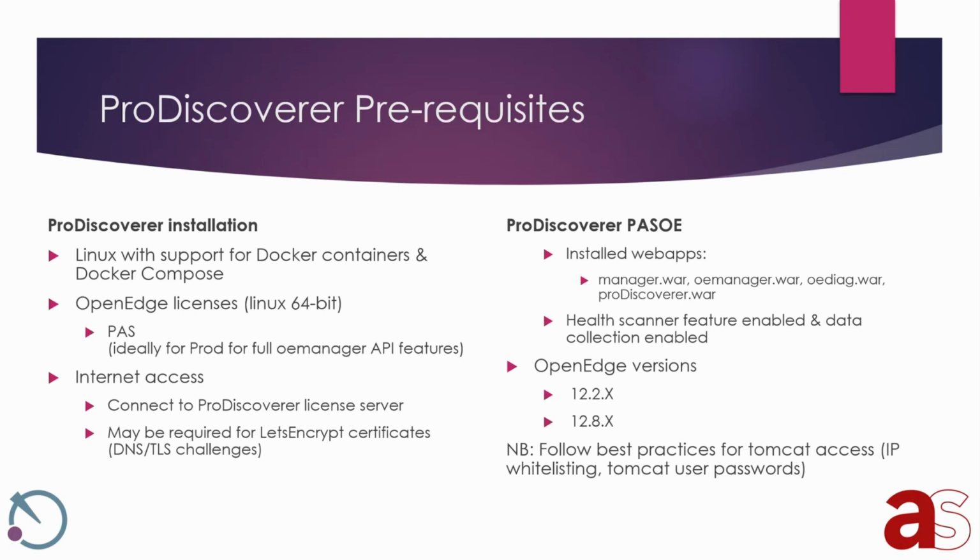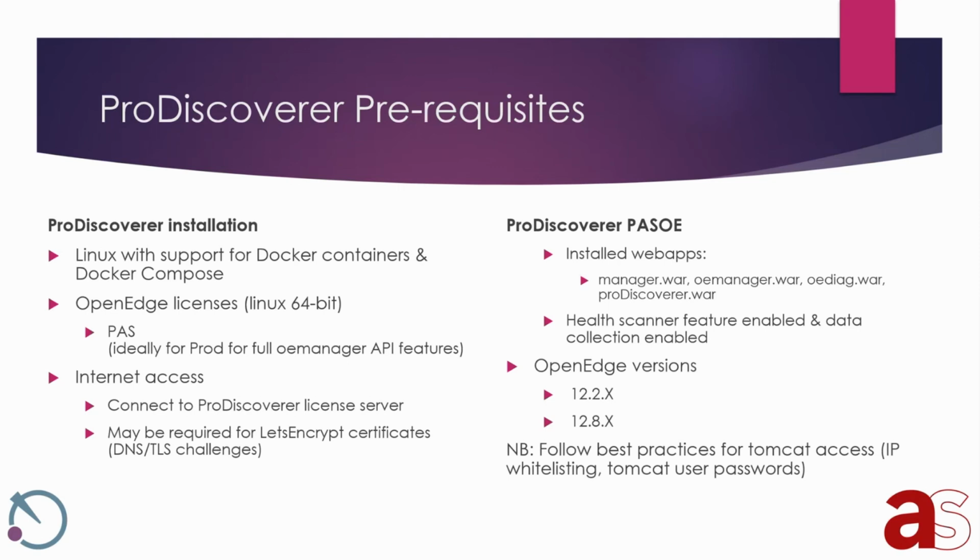For PAS, it is a good idea to have production licenses on the instances that we are communicating with, that we are managing, because there are some features that are disabled if you're not using a production license, that you cannot use as part of what we're doing here.